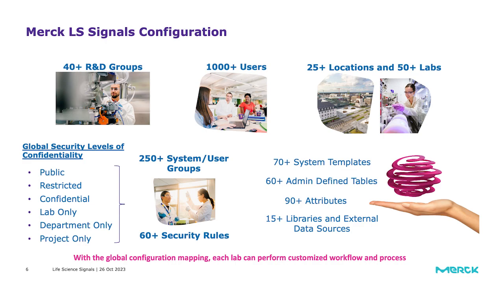The next, higher level of security is confidential. Confidential defines that only a subgroup of the lab can access, read or write the experiment. There are also situations within a department where there are sub-labs, subgroups, and they need access to those subgroups only.